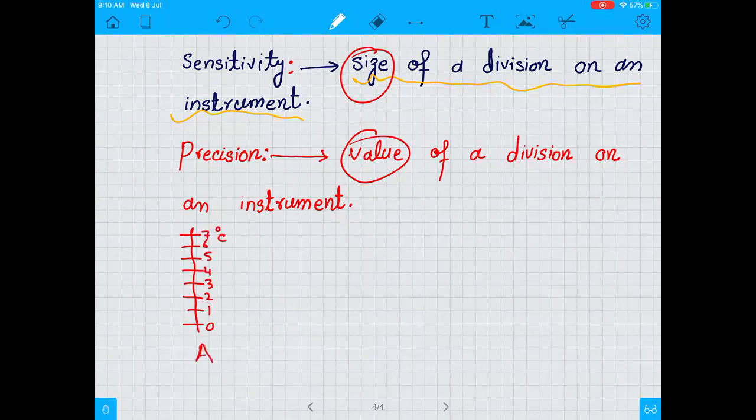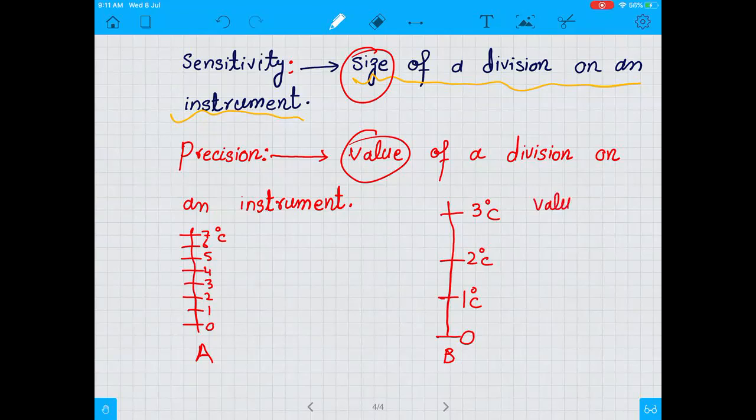This is thermometer A. You get another thermometer, thermometer B. Values are 0, 1 degree Celsius, 2 degrees Celsius, 3 degrees Celsius. This is B. Now, the value of one division on A is 1 degree Celsius. The value of one division on B is 1 degree Celsius. So the value of a division is the same.